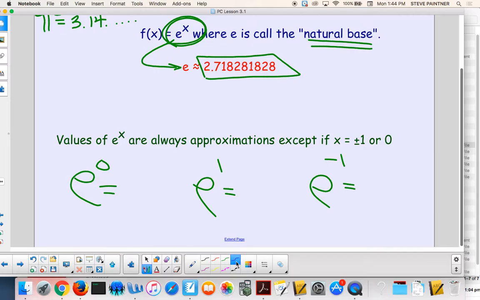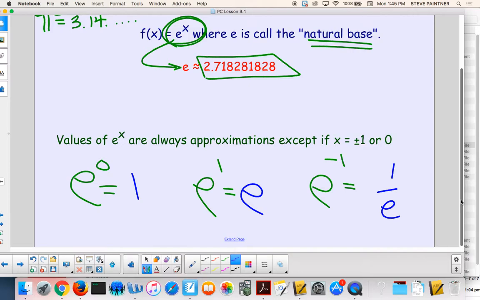What's e to the 0? 1. That was easy, because anything to the 0 is 1. E to the first is just e. E to the -1 is 1 over e. That's about it. The rest of them, just type it in.